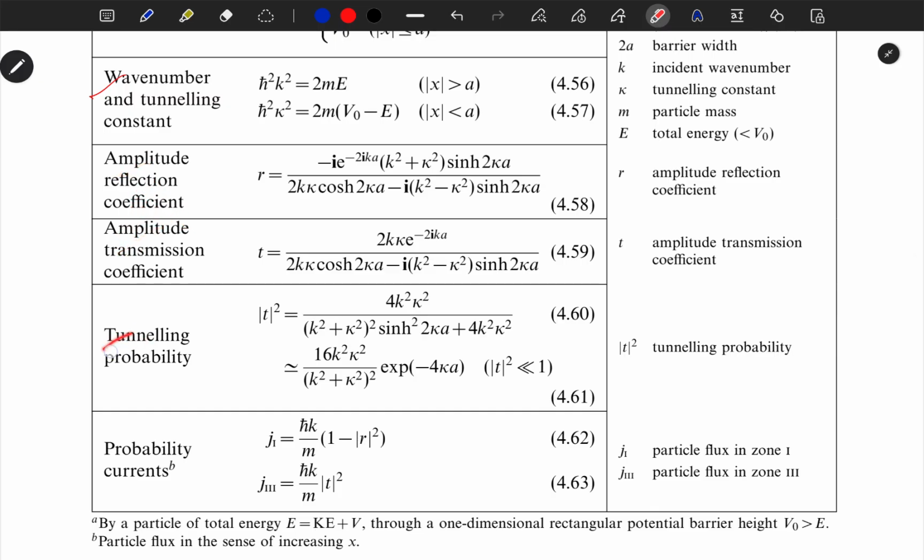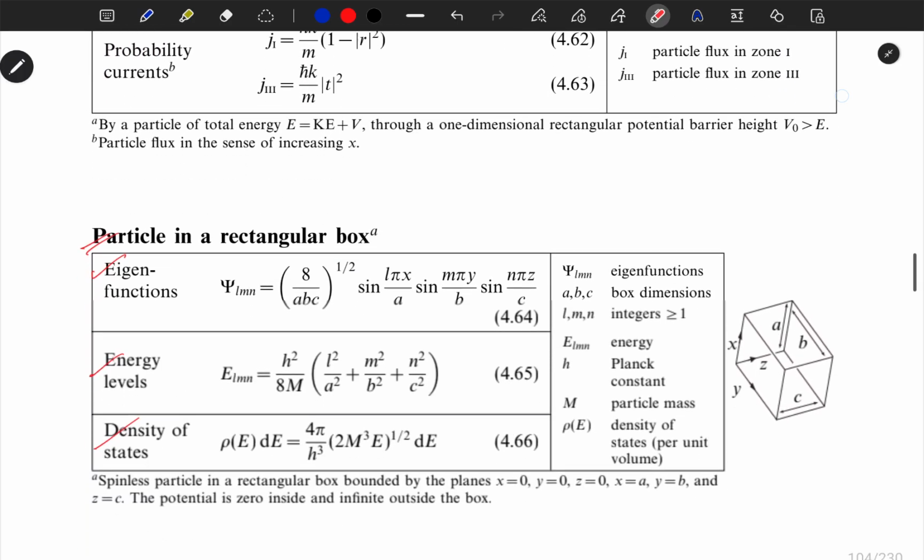The tunneling probability T² equals 4k²κ² divided by that whole term. So the tunneling probability will follow e to the power minus 4πκa times 16k²κ² over (k² plus κ²) whole squared. In the same way, probability currents can be calculated.